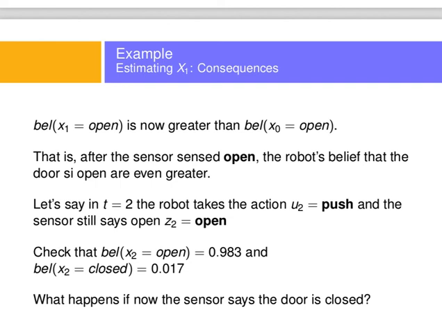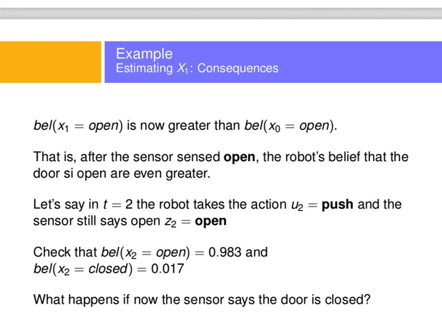So the belief that x1 is open is now greater than the previous belief. I'm sorry, that's right. So I believe now that it's open more than I believed it before in the time slice before this. That is, after the sensor sensed open, the robot's belief that the door is open is even greater.